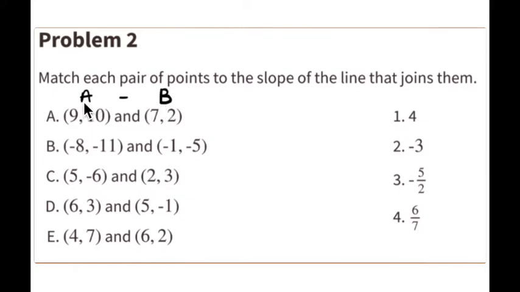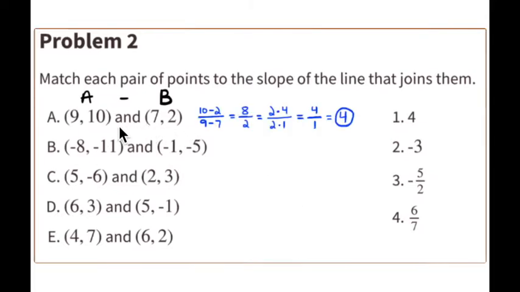So this is going to turn out to be a calculation of A, the coordinates at A minus the coordinates at B. And so this is really just practice of setting up, calculating the slope, and then going through that calculation. So this is the number of units that change along the y-axis is 10 minus 2.